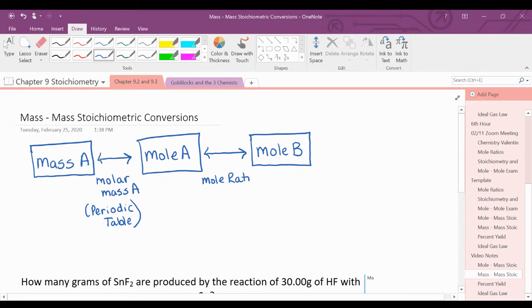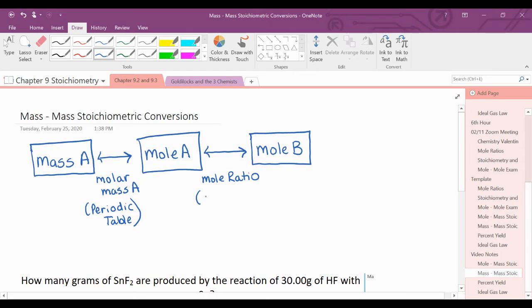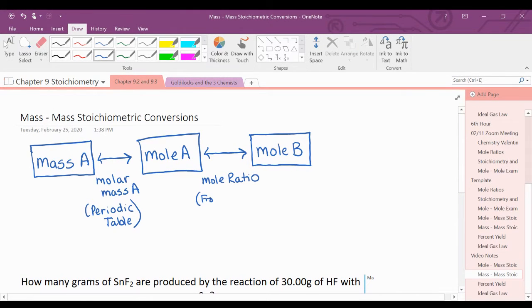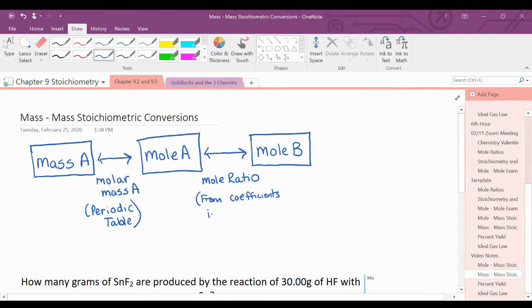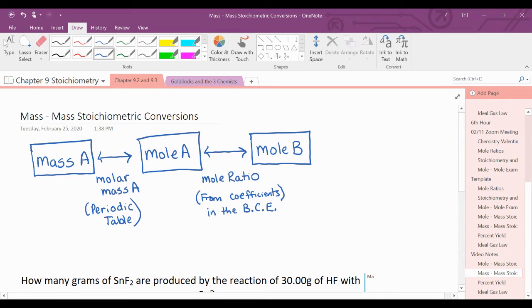It's the mole ratio, and you need the coefficients in the balanced chemical equation. I just abbreviated balanced chemical equation as BCE.